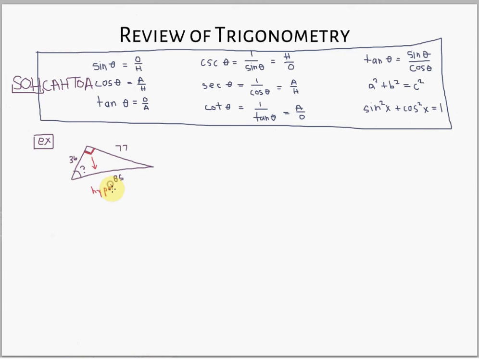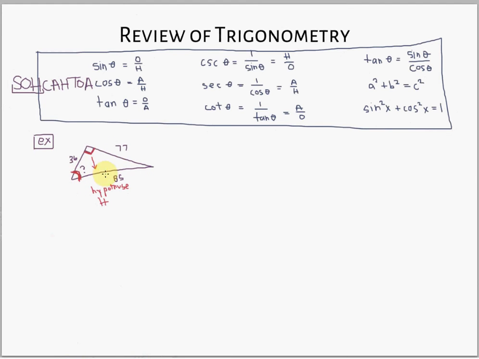So this is the hypotenuse. This is H. Then, how do we know which side is the opposite and which side is the adjacent? It depends on which angle you are talking about. I'm talking about this angle because that's the angle we're trying to find. In relationship to this angle, I have two choices: this side and this side.